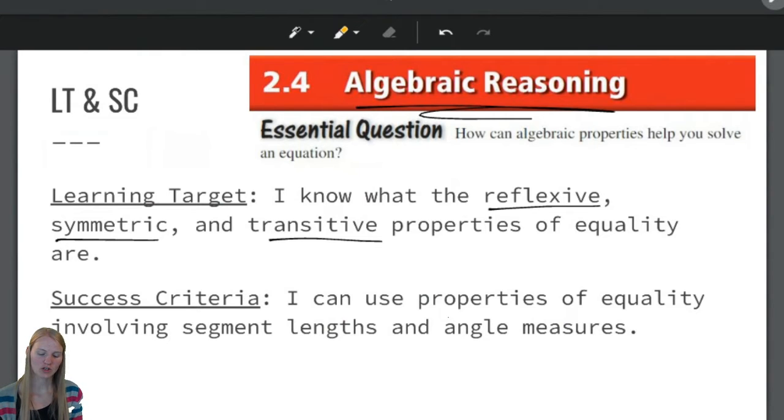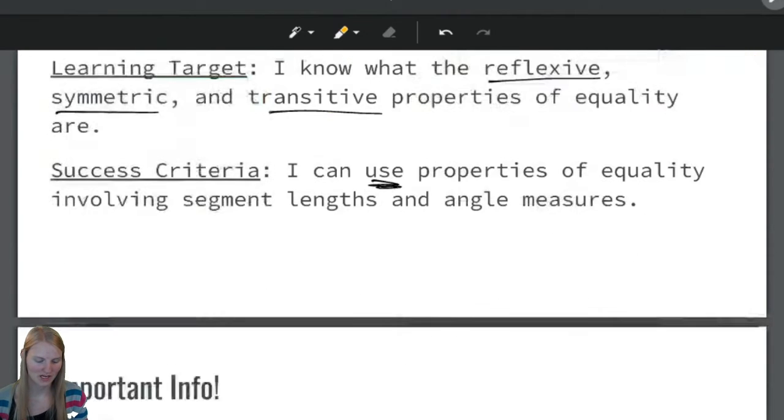And our success criteria is that you can use these properties of equalities in problems involving segment lengths and angle measures. So let's jump right into it.